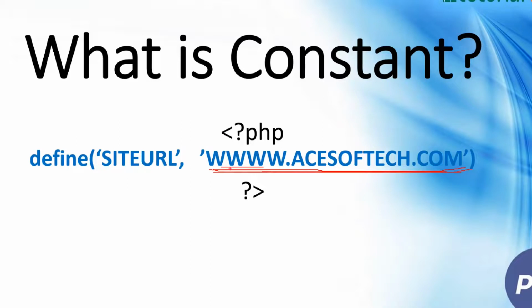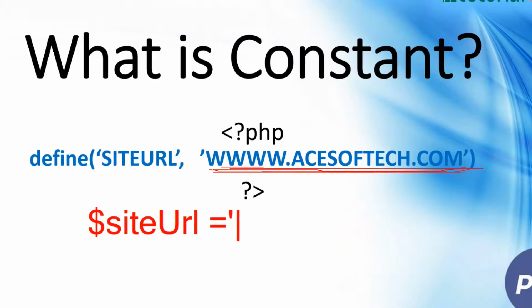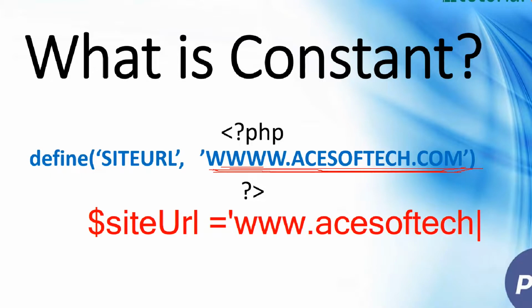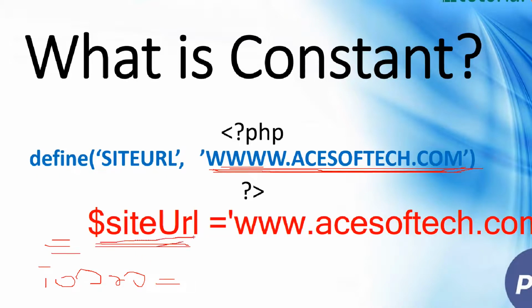If I store this in a normal variable, maybe site URL, as www.ashortcut.com, then later when the program becomes very large, maybe 1000 lines or 1 lakh lines, the programmer may forget that somewhere he or she had used this site URL.